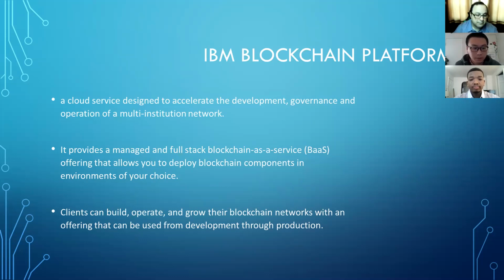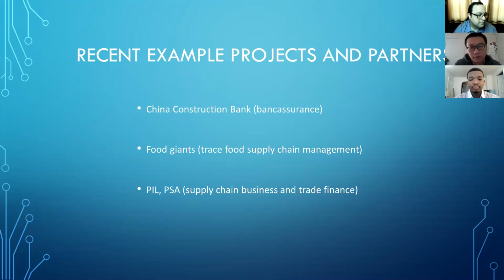Here are some recent examples of what IBM is doing with the IBM Blockchain Platform. There are three examples, all around the world, from China, the United States, and Singapore. They are in the finance area, the food supply chain area, and also a mix of the supply chain and finance areas.